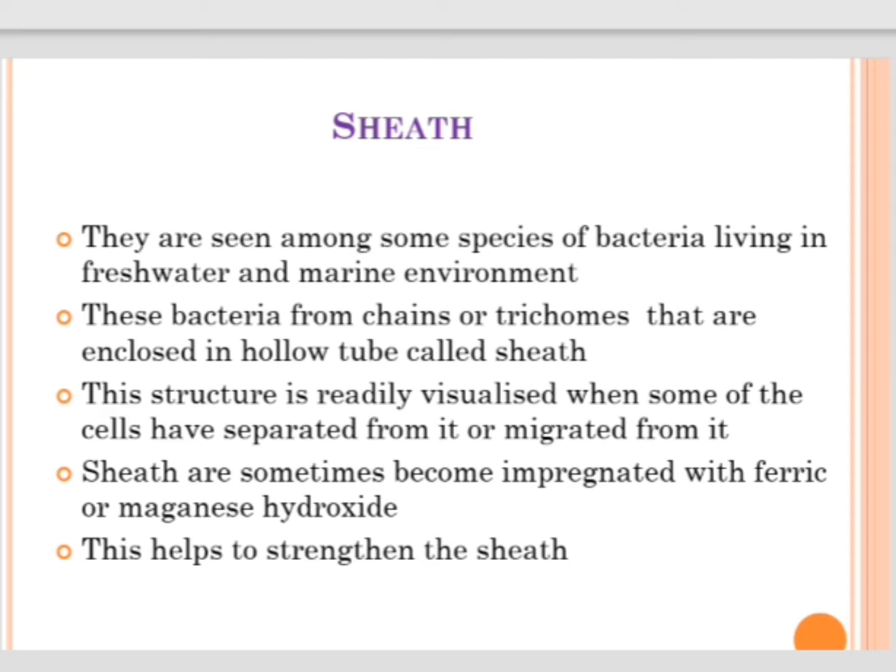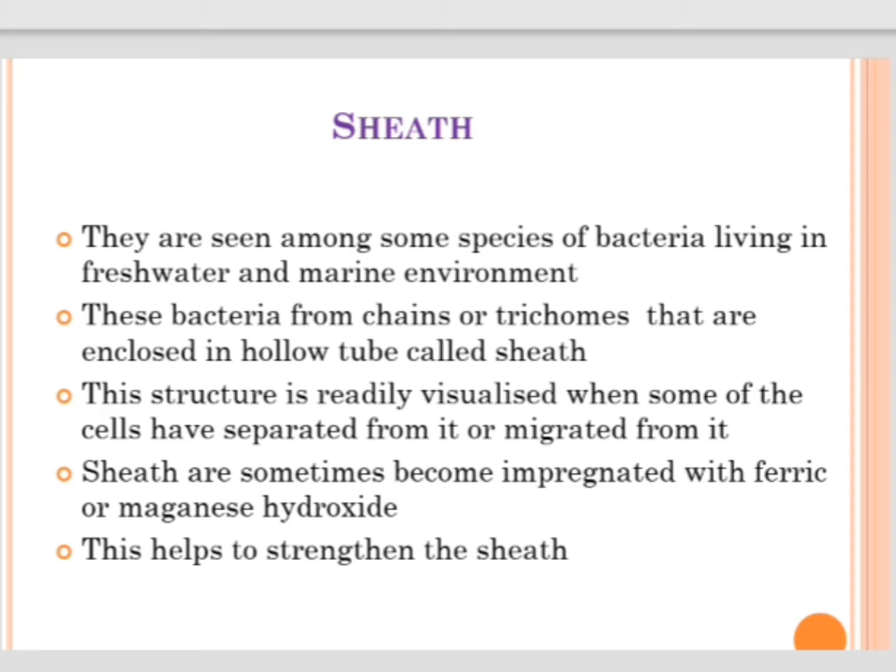This sheath can be visualized with the help of electron microscopy when some of the cells present in this chain get separated from the main chain. Sheaths are usually seen associated with metal hydroxides like ferric hydroxide or manganese hydroxide, which help to strengthen the sheath.